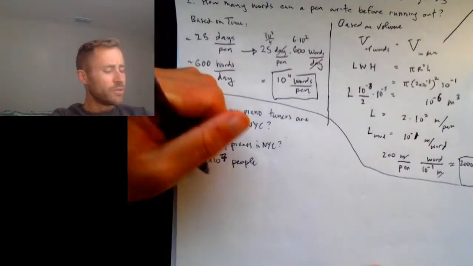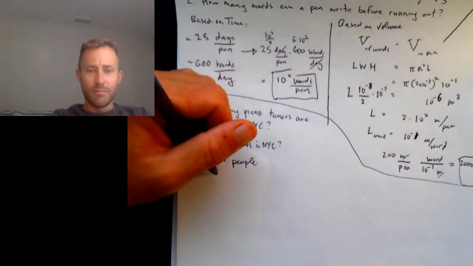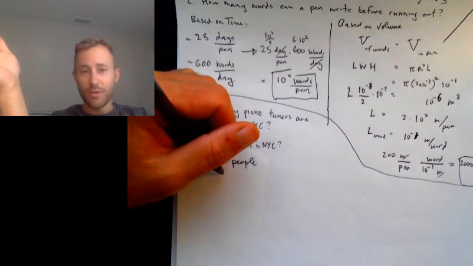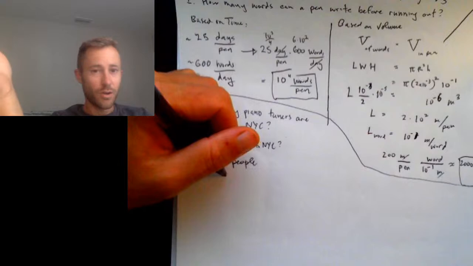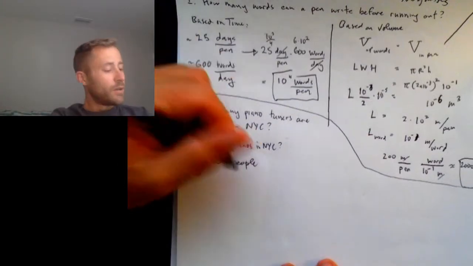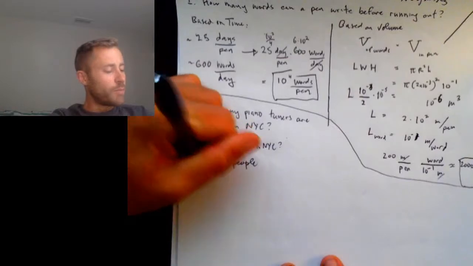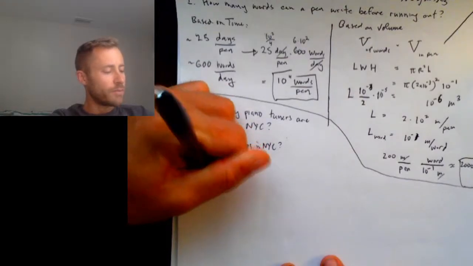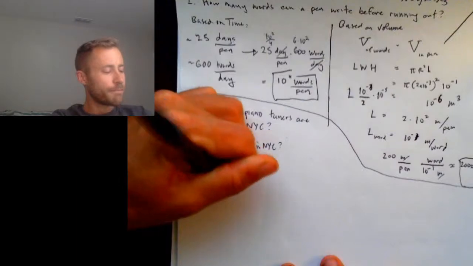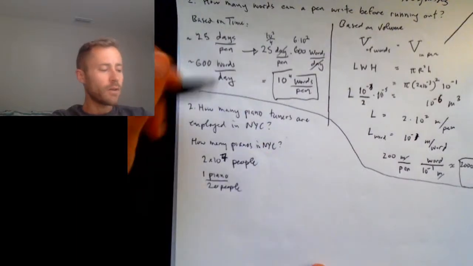Okay? Keep in mind, this is an average family. In Claremont, it's probably more than that, right? Because you guys are all so educated. So I'm going to say that there is one piano for every 20 people. All right?